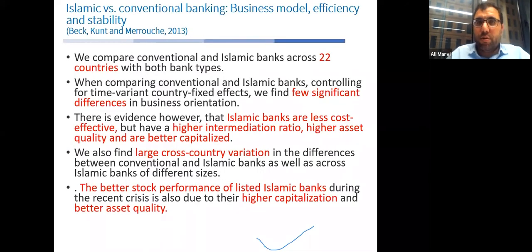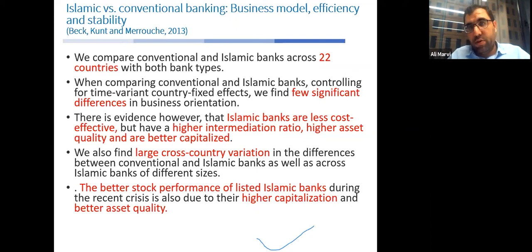And also, we have this study by Beck and his co-authors, which was published in 2011 in, I guess, the Journal of Finance, which is an A+ journal in the finance field. The paper is titled Islamic versus Conventional Banking: Business Model, Efficiency and Stability.